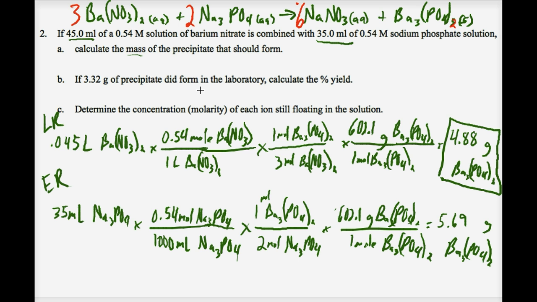Okay, now in part B, they're asking percent yield. Hopefully you see that it is the actual real life value over the theoretical value, which is our calculated amount, times 100%. Looks like we're about 2/3.